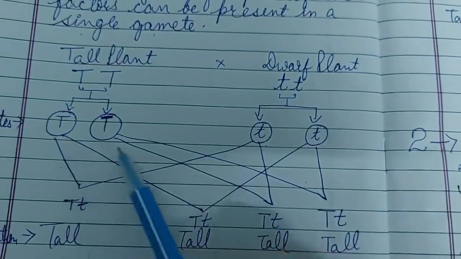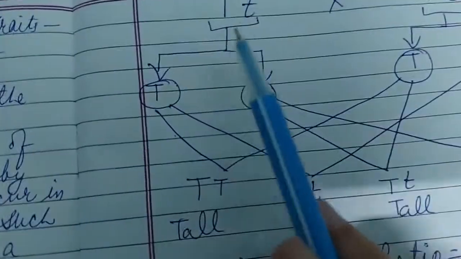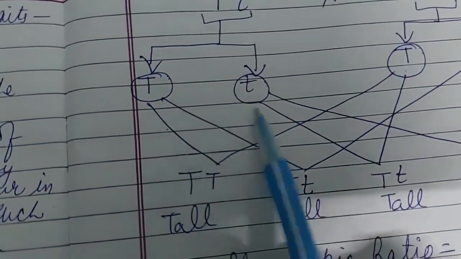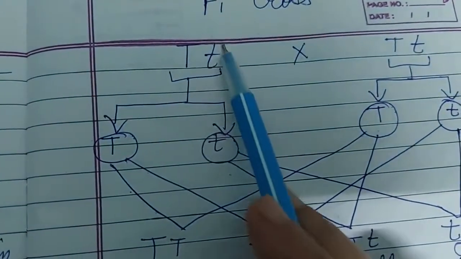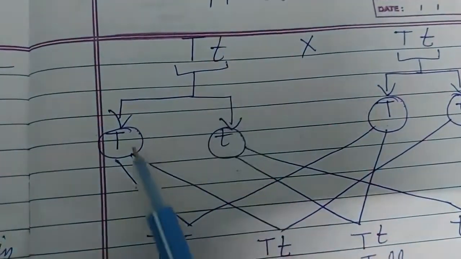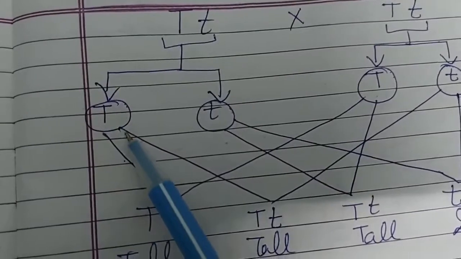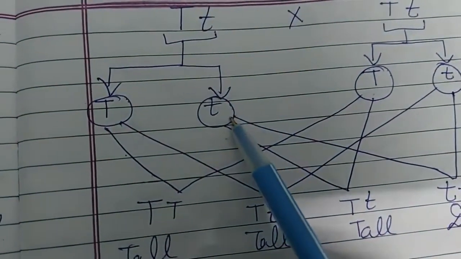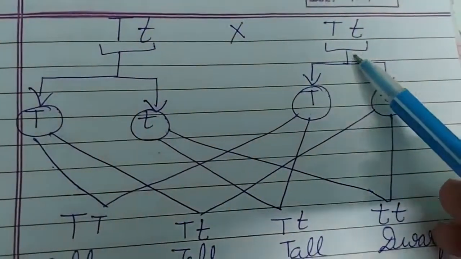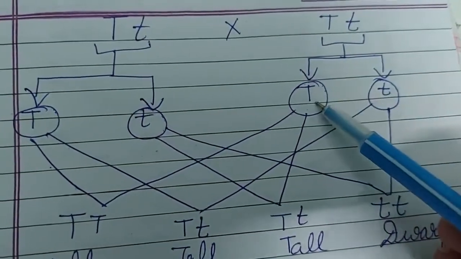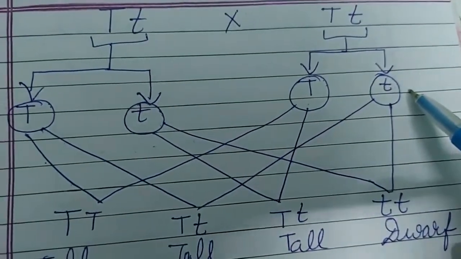There are the same gametes with the same type of genes, but there is a difference in the genotype. When capital T and small t segregate, one gamete is capital T and the second gamete is small t, and the same for the other: one gamete is capital T and the other is small t.